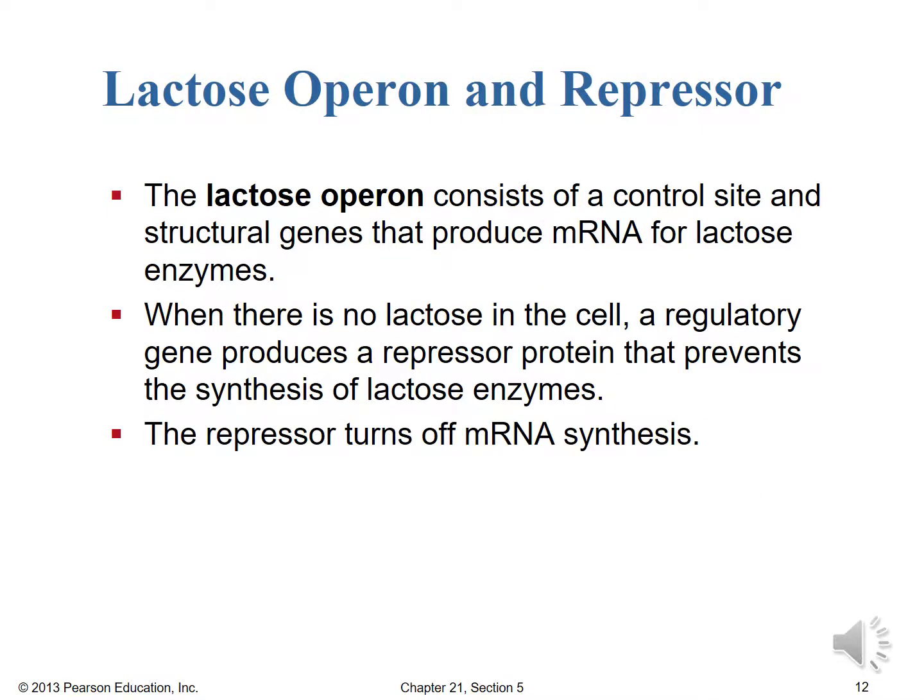Okay, so for a specific example, we can look at the lactose operon and repression system. So the lactose operon consists of a control site and structural genes that produce messenger RNA for lactose enzymes. When there is no lactose in the cell, a regulatory gene produces a repressor protein which prevents the synthesis of those lactose enzymes. The repressor effectively turns off the messenger RNA synthesis.